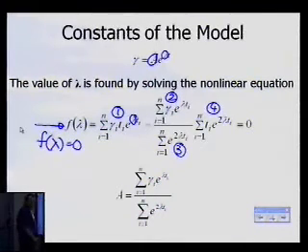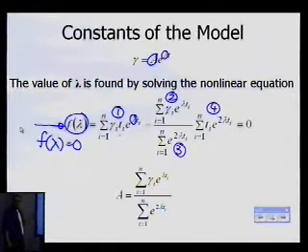Lambda is the only unknown in these summations. So each of these summations will be a function of lambda, and when you take the first summation minus the second summation divided by the third summation multiplied by the fourth summation, you get f of lambda, because that's what you're trying to find. Then you can use any of the nonlinear equation techniques such as the bisection method, secant method, or Newton-Raphson method to find the value of lambda.